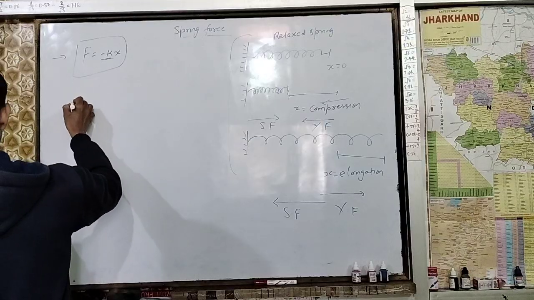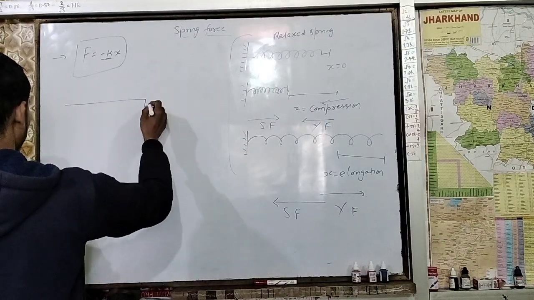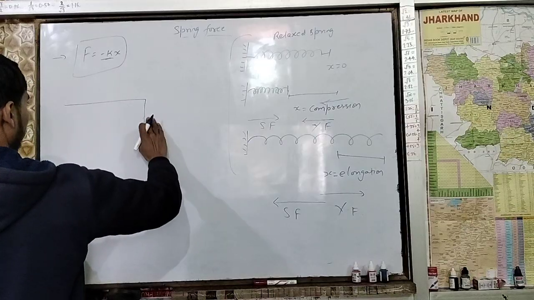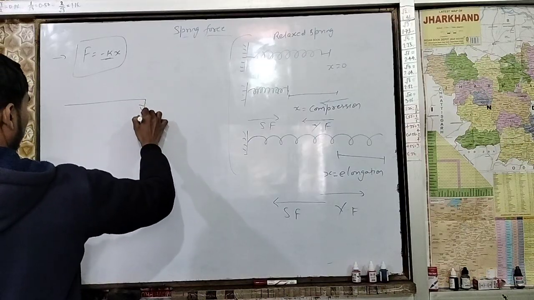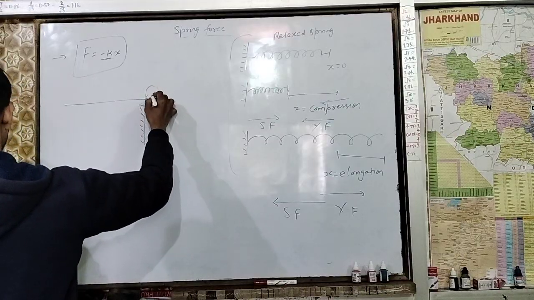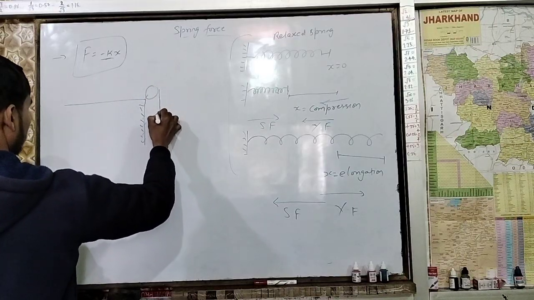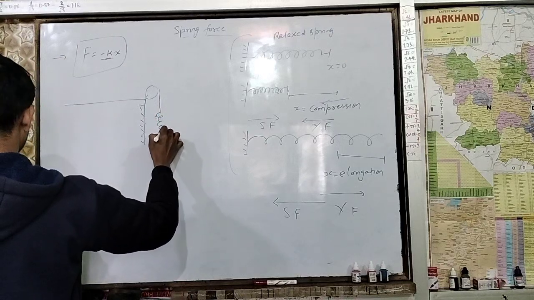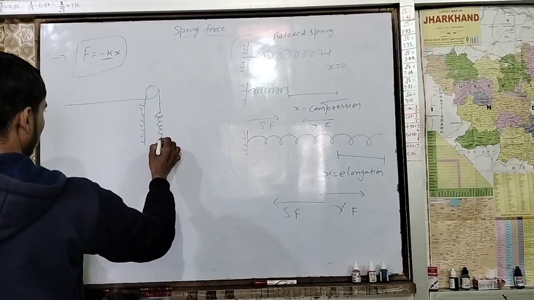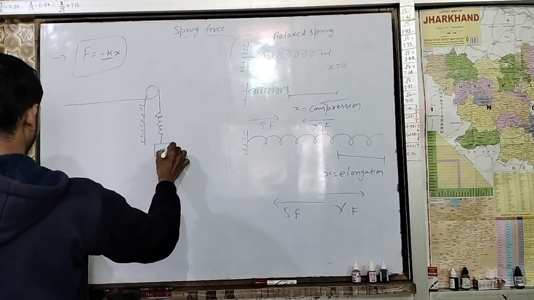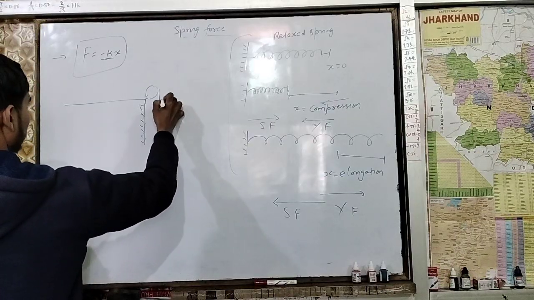Now let's take an example so that we can understand in a better way. There is one pulley which is fixed, and a spring is pulling a block M2. Over here there is a tension.